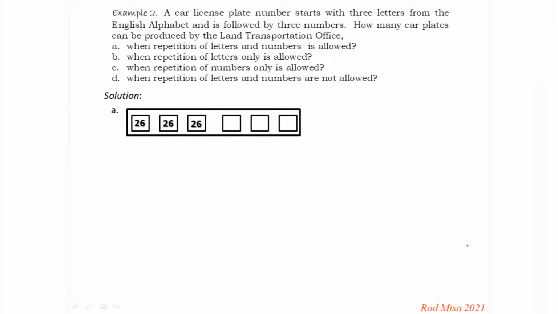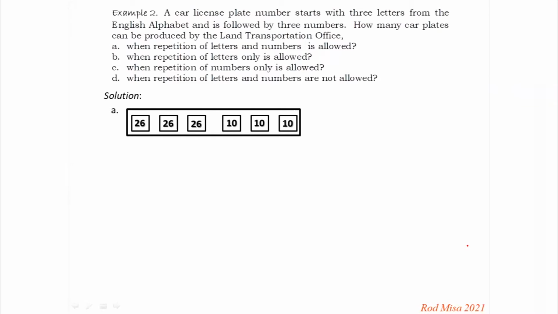And in the number, I can choose from 0 to 9. So I have 10 choices for the first number. Also, in the second position of the three numbers, I can choose from 0 to 9, so I have 10 choices, and so with the last position.